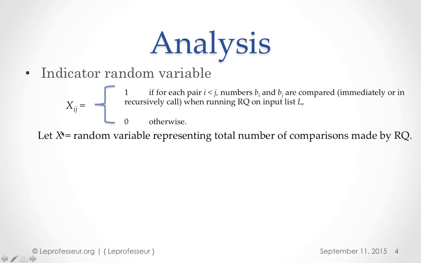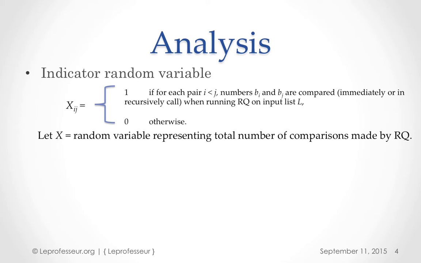So if we can get the total number of comparisons made by RQ, we can get an idea about, or we can represent, time complexity in big O notation. What is time complexity? In other words, we want to know the upper bound on runtime. Here the number of comparisons is variable, it's not constant, right?